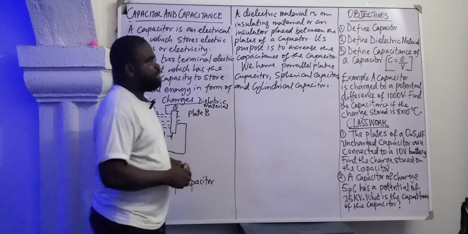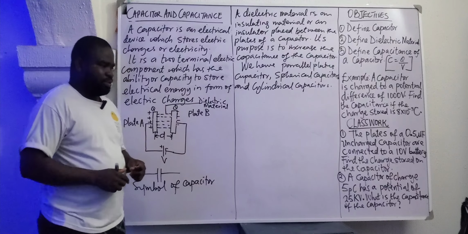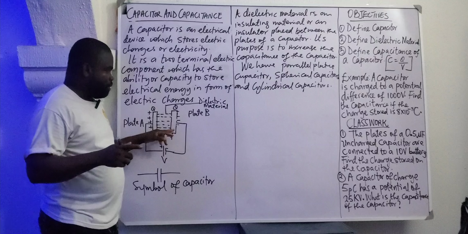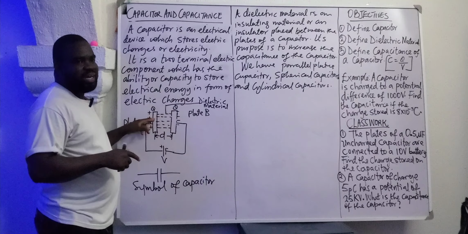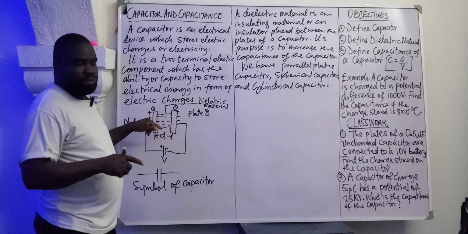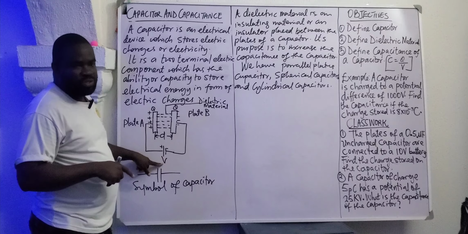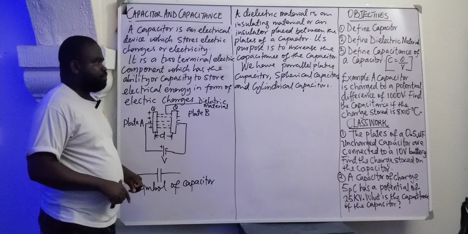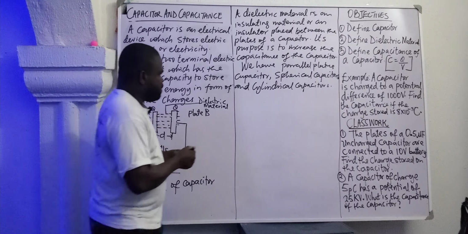Now, let's talk about the capacitance of a capacitor. We say the capacitance of the capacitor is the ratio of the charge on the capacitor to the potential difference or voltage of the capacitor. Let's take that.